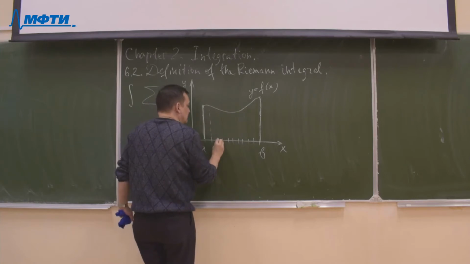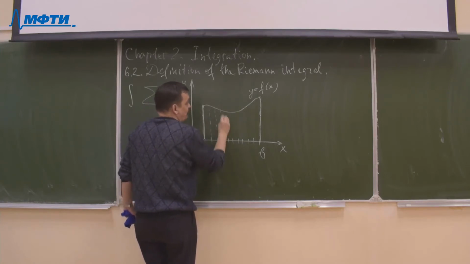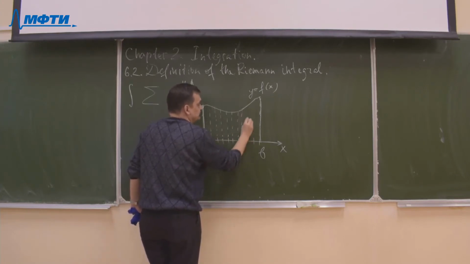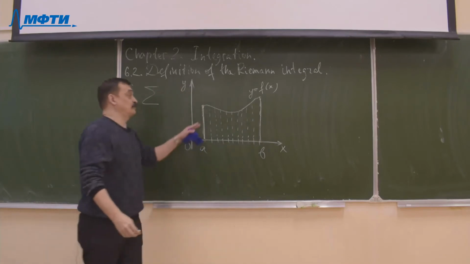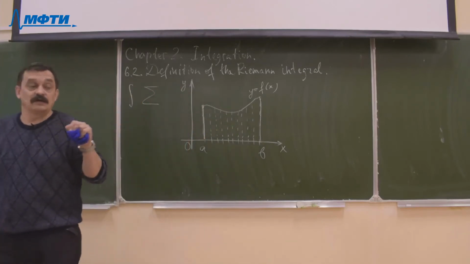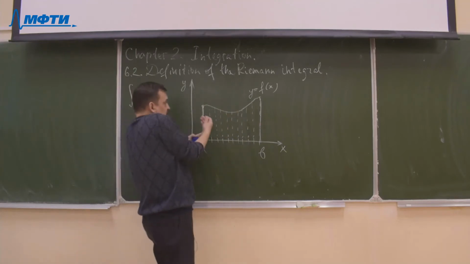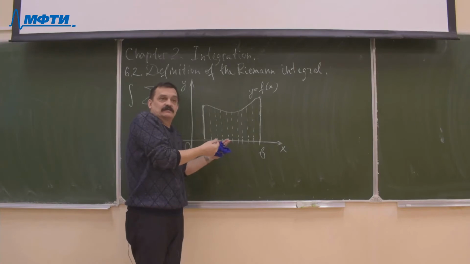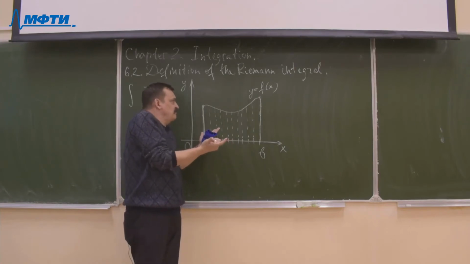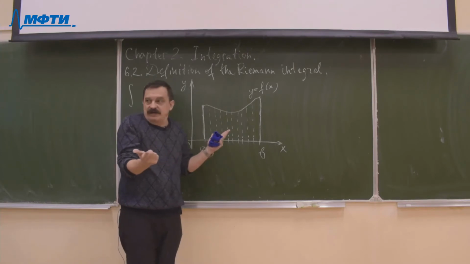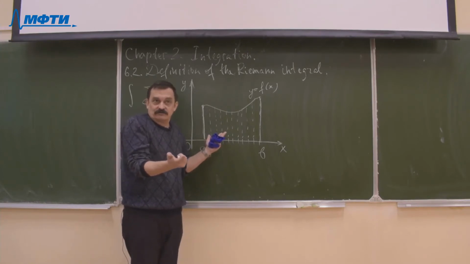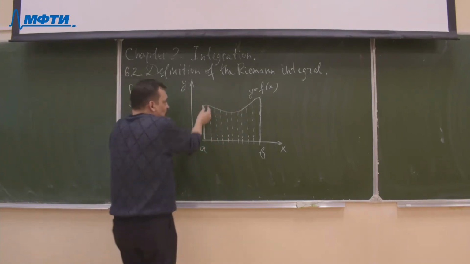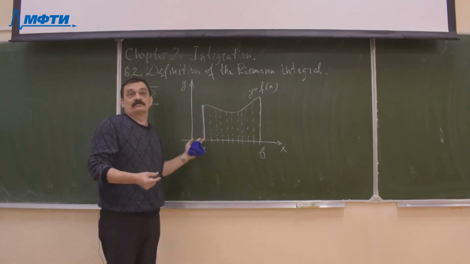So you see, if we split our figure, I mean our trapezoidal area, we again obtain small trapezoidal figures. And from the first glance, nothing is better than before. Because again, how to compute even the areas of those small figures?